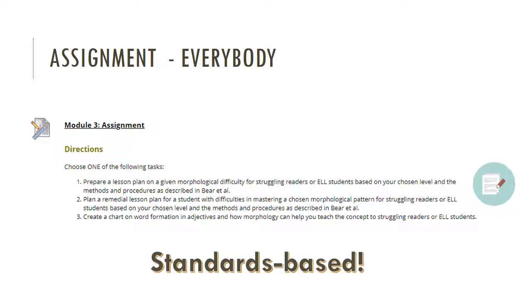And not only the grade level and the number of the standard, but I would also like the description as well. And that can be copied and pasted in, that's fine. But I need to have standards so I know what your purpose is for designing the lesson or the activity that you're submitting.